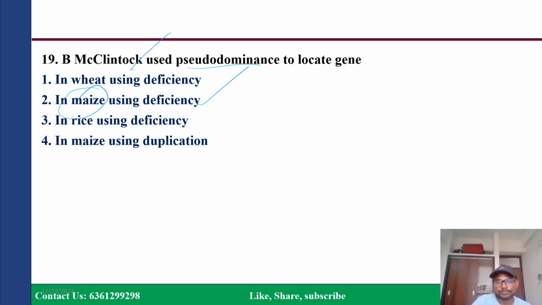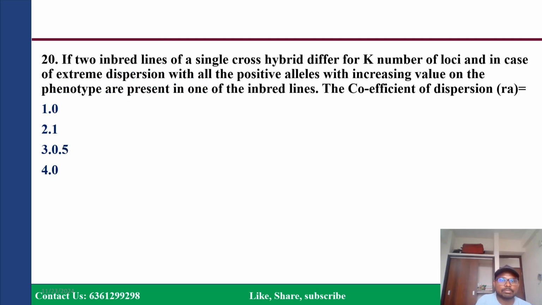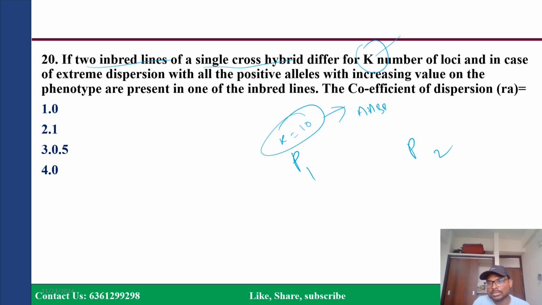It's a direct question. If you take two inbred lines, or a single cross hybrid, parent 1 and parent 2, differing at k number of loci. For example, if k is equal to 10, like 10 loci a, b, c, d, then in the case of extreme dispersion, all the positive alleles of increasing value on a phenotype are present in one parent.